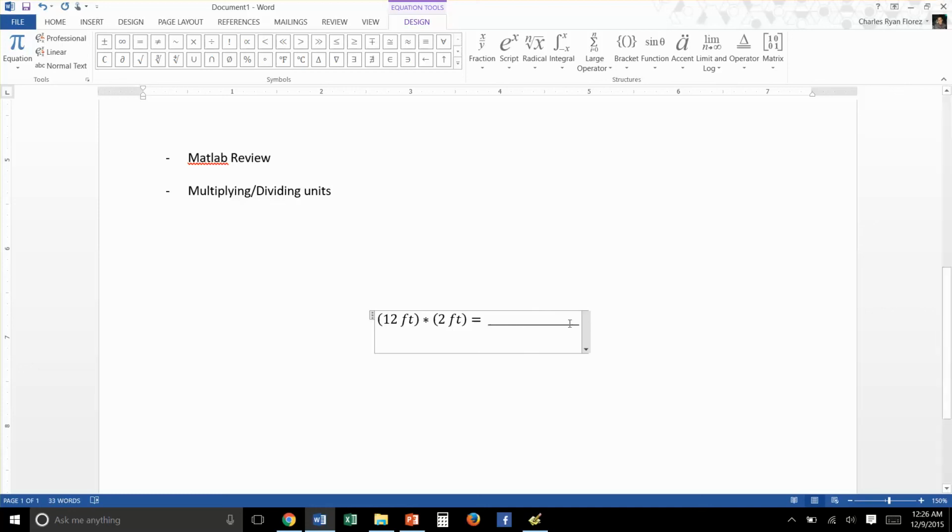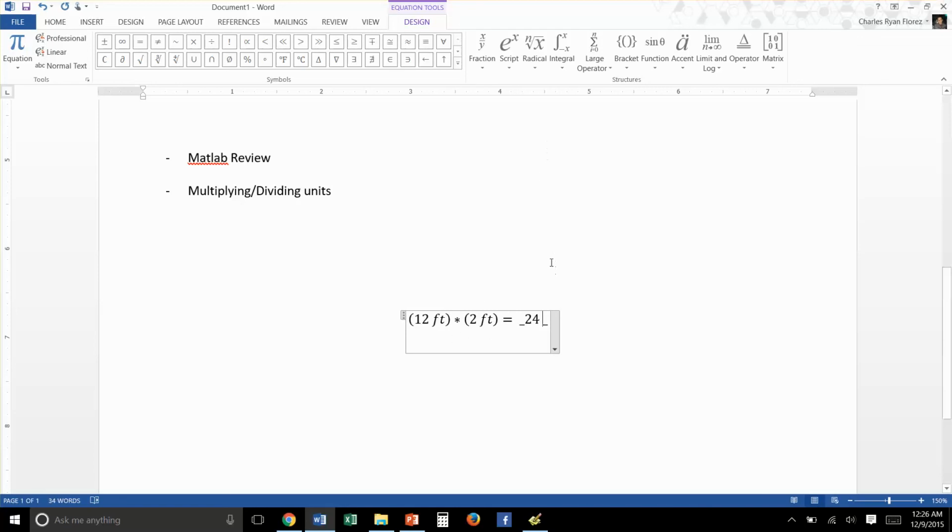But obviously I think everyone got the number right. The number is obviously 24. But what some of you guys put was 24 feet. But that's wrong, because you're not only multiplying the values here, you're also multiplying the units.